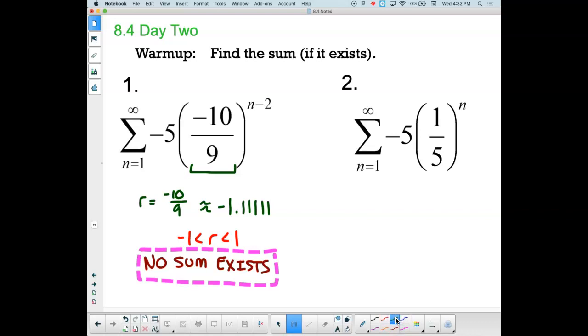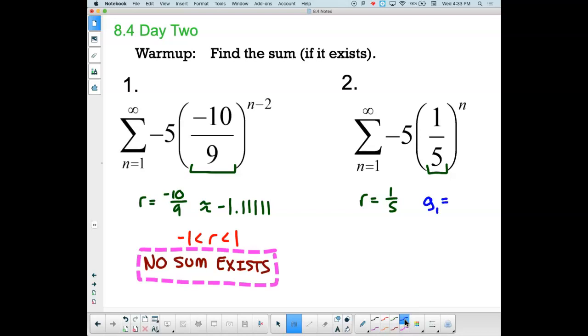Again, we look over here, we look at our R value. Our R value here is 1/5. That falls within our range between negative 1 and positive 1. So that means that we need to find the first term.